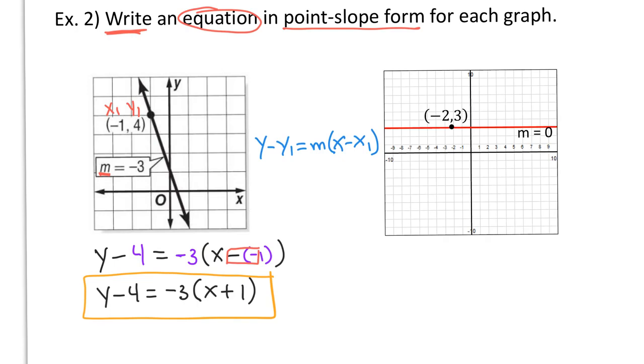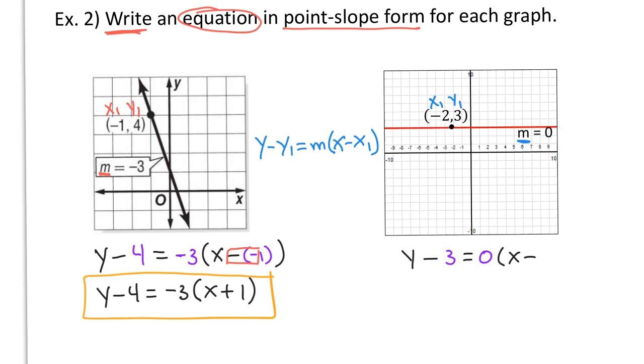So notice that my x1 and my y1 go here. My slope is 0, so that's going to make our life a lot easier. But I'm going to substitute into the formula. I have y minus y1, it's positive 3, so I just put a 3 right there, equals my slope is 0 times the quantity of x minus x1, and x1 is negative 2.